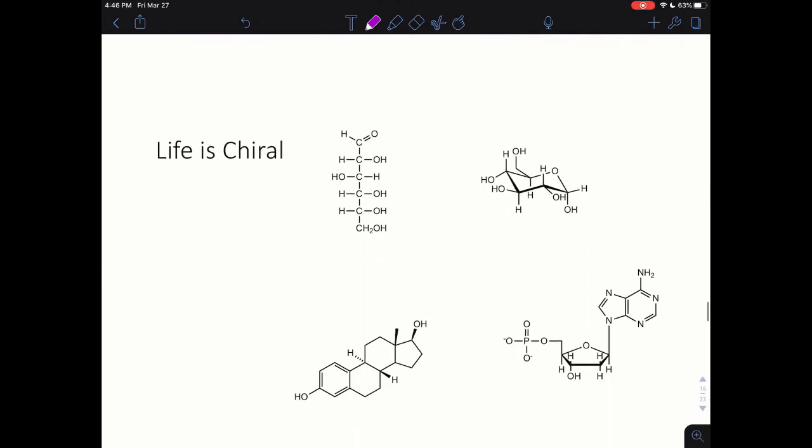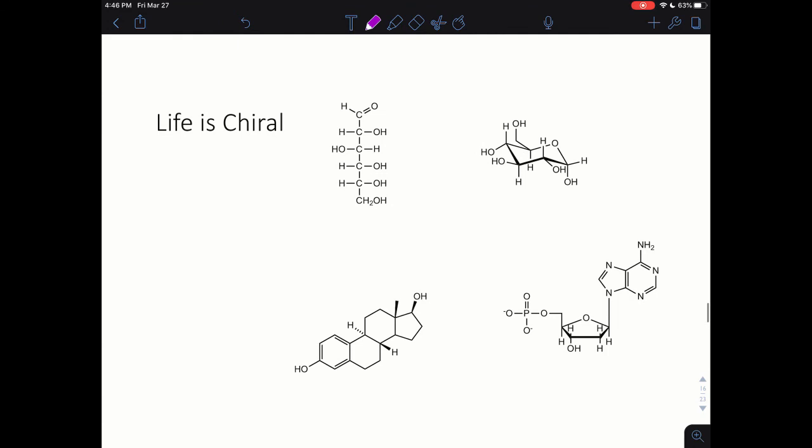Okay. And in fact, as we think back, and this is a slide that you've seen before, we think back to the molecules of life, these are all chiral. And partially because 3 of these are sugars. So we have glucose. Glucose has those 4 stereocenters. You have glucose twice here. And the cyclic form, it actually has a 5th.